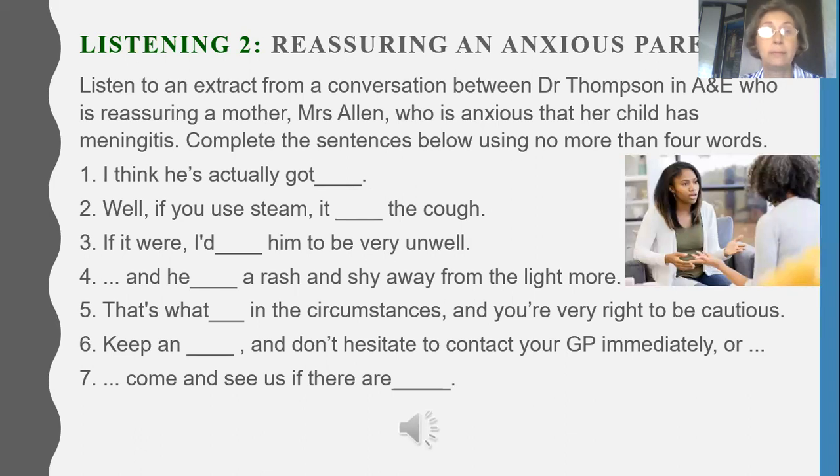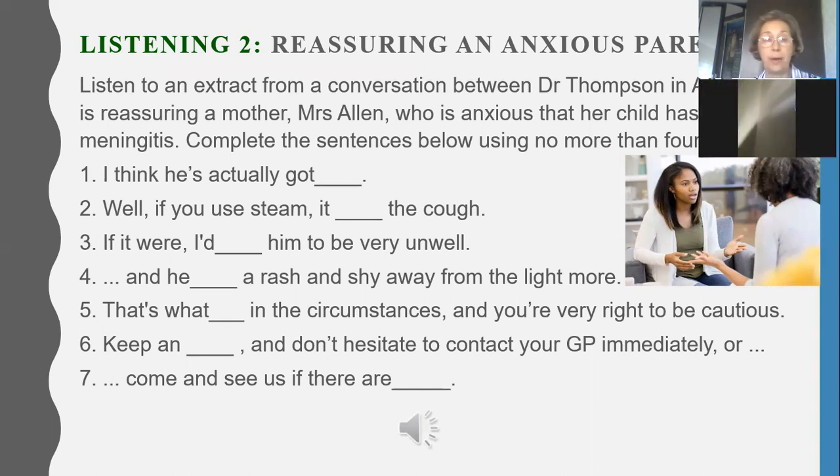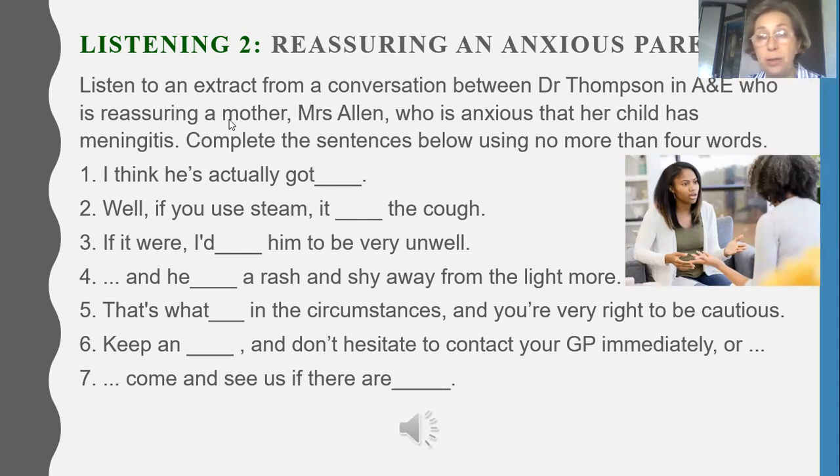Esginur, are you here? Yes, I'm here, doctor. Come and see us if there are any changes. Any changes? Yes, right. Any problems? Okay. So you see that the doctor just tries to reassure the mother, and the doctor uses some empathy.